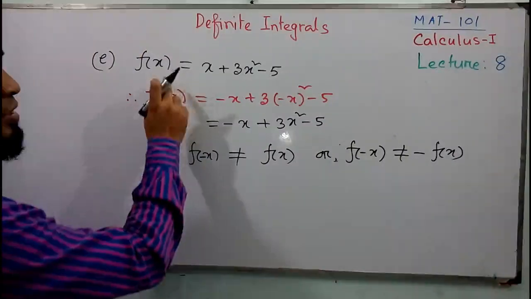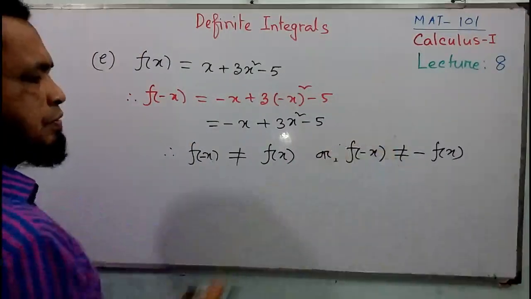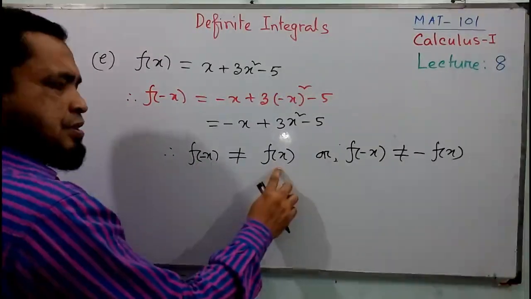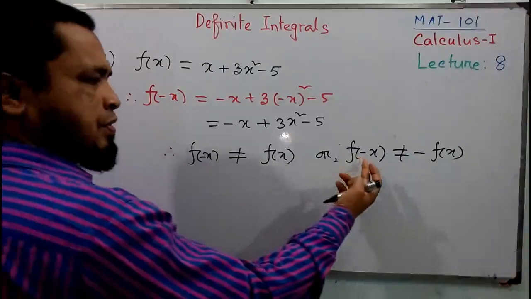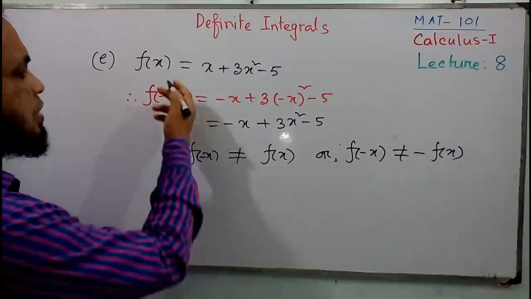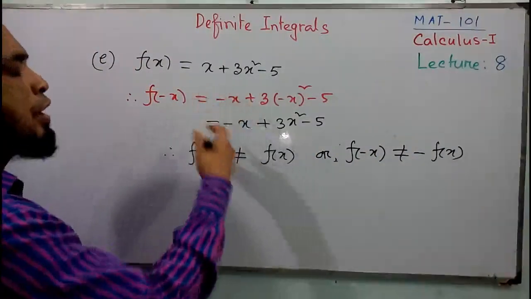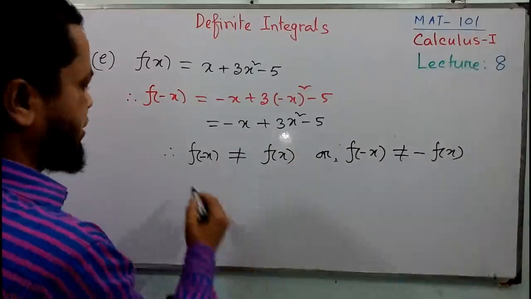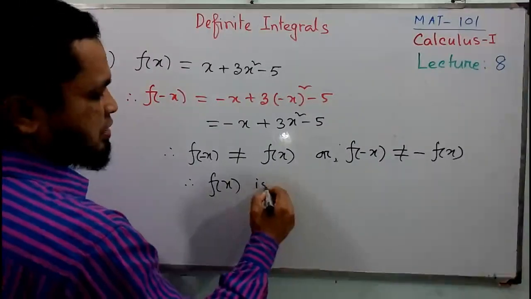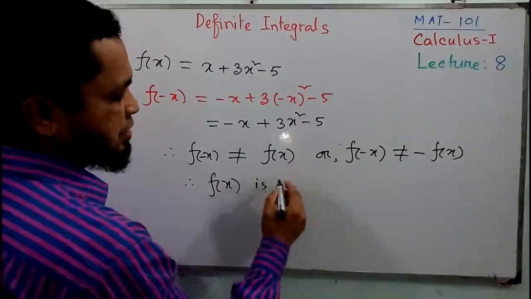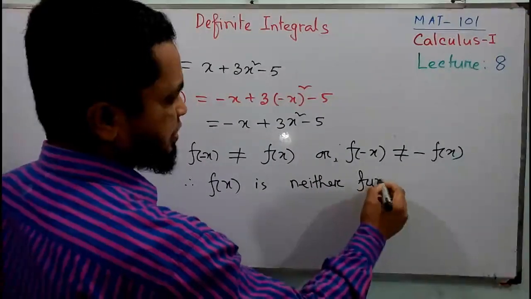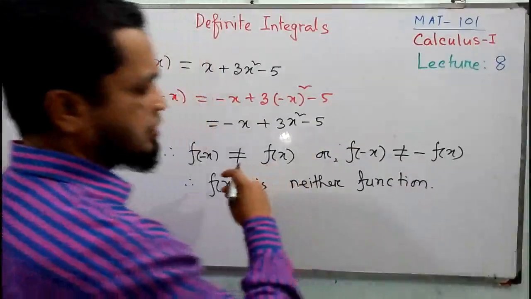That means this function does not satisfy either the odd function or even function condition. If f of minus x equals f of x, then it will be an even function. If f of minus x equals minus f of x, then it should be an odd function. But in this problem, neither condition is fulfilled. Therefore, f of x is neither odd nor even.